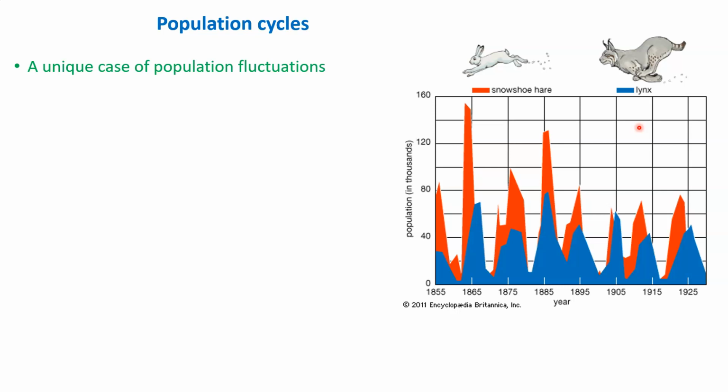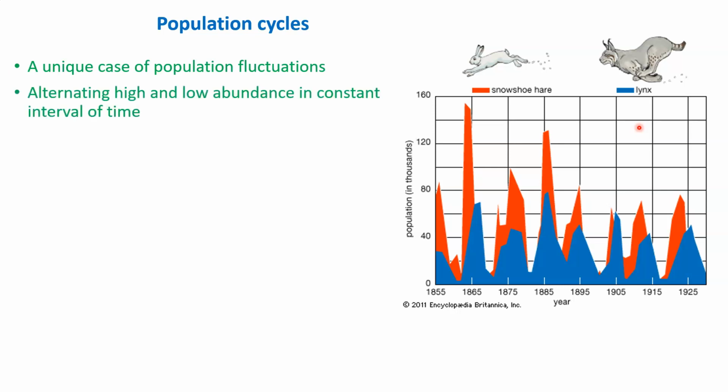That kind of corresponding rise and fall of population sizes creates population cycles. So alternating high and low abundance that happens in constant intervals of time is what we define as a population cycle.